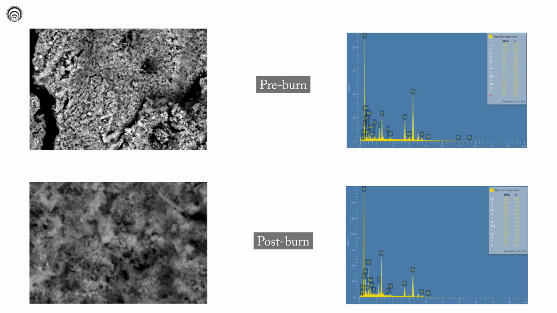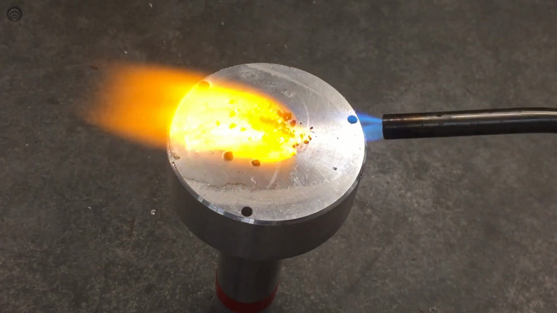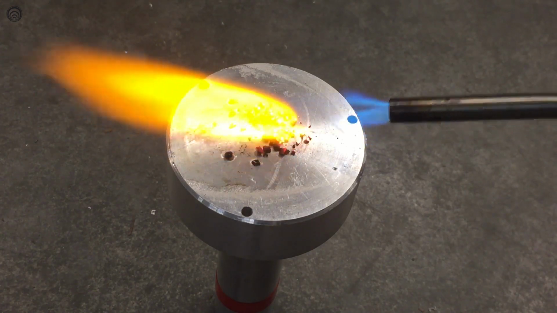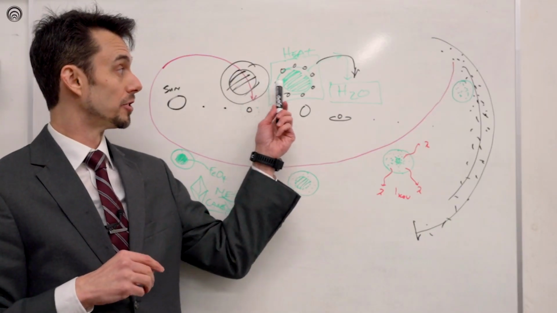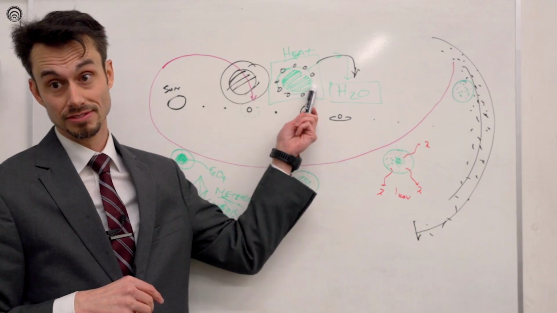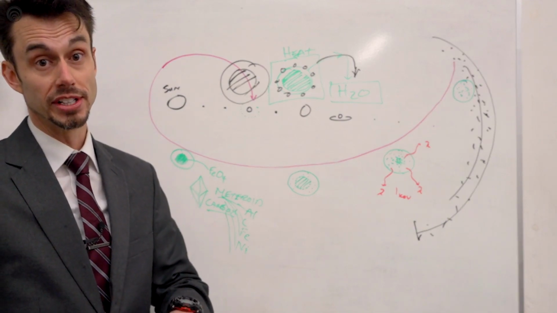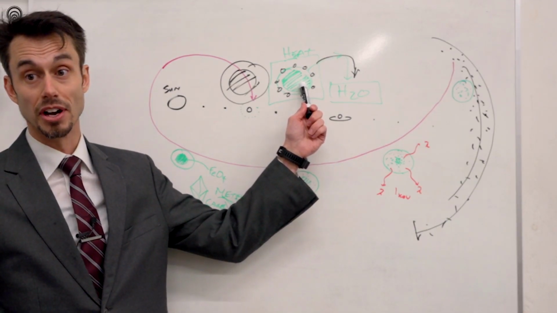And actually, I have 2 samples. I burned one, and I didn't burn the other, and took them to the UW and had them analyzed. The structure does not change during the burning process. With a butane torch, high temperature, blows off a whole bunch of heat, and you look at it under a microscope, it's the same physical structure still. It didn't change, but it released a bunch of hydrogen because it's a hydride.